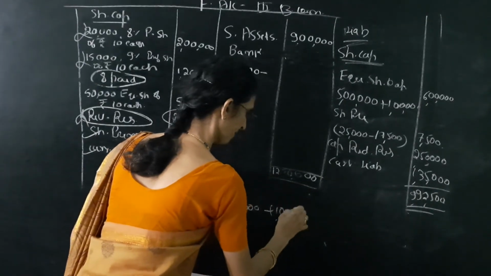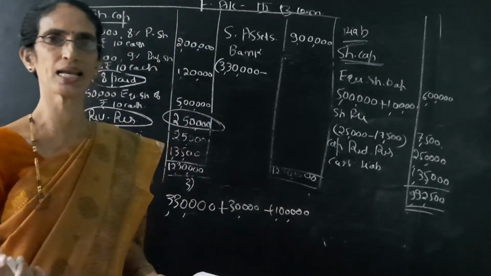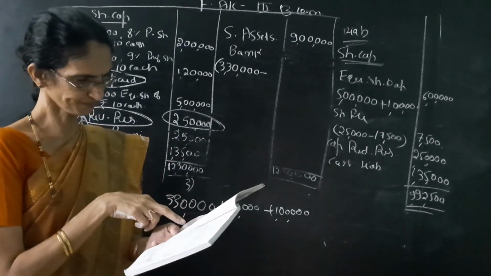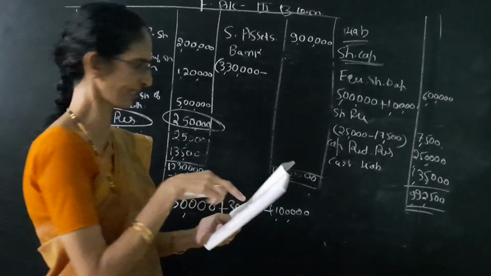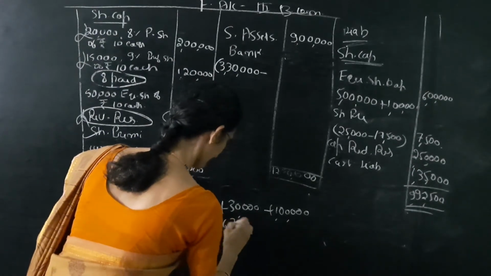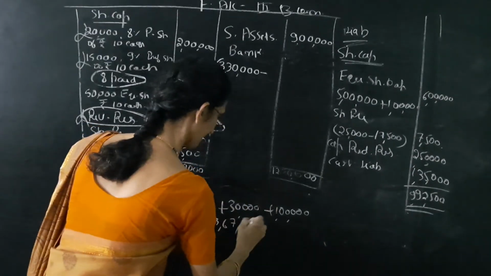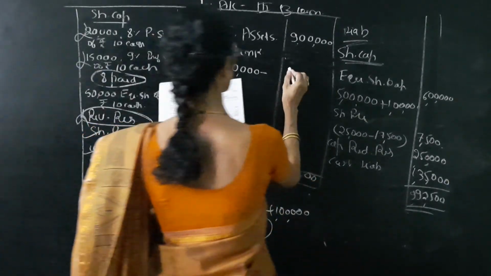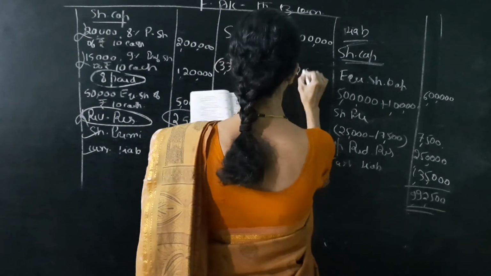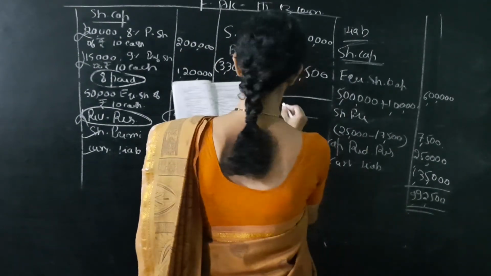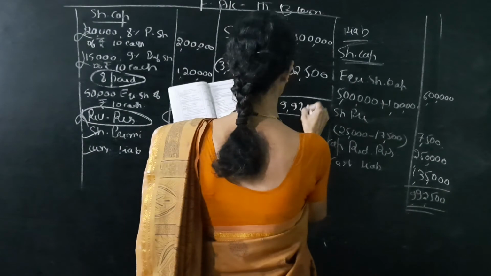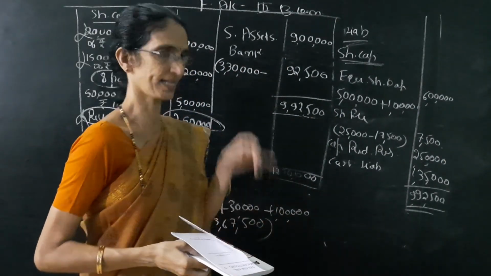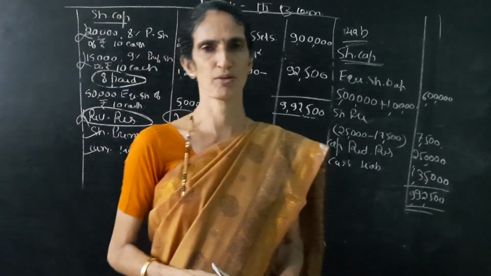Wherever bank account is debit, we should add; wherever credit, we should deduct. So 1 lakh. Then last entry minus 3,67,500. See, the last entry minus 3,67,500. So it comes to 92,500. So both sides are equal, it is 9,92,500. So understood: cash debit should be added, credit should be deducted. With this we can end the problem. Thank you.